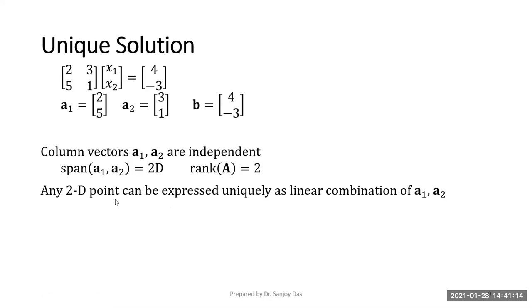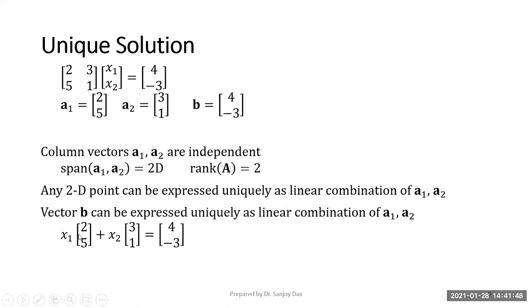Any two-dimensional point can be expressed uniquely as a linear combination of A1 and A2 because A1 and A2 are independent vectors. They span 2 dimensions. So any two-dimensional point can be uniquely expressed as a linear combination of A1 and A2. In particular, B is a two-dimensional vector that can be uniquely expressed as a linear combination of A1 and A2 also.